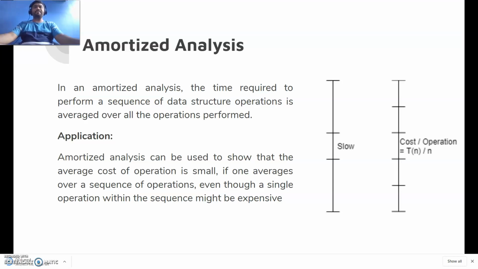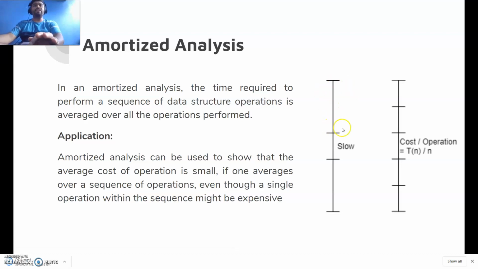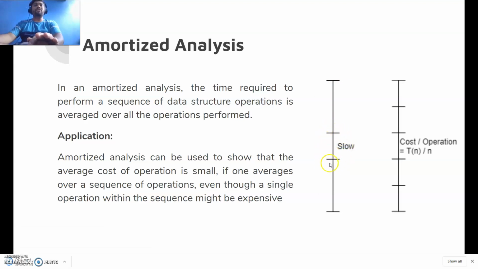So what does it mean? If you look at this particular diagram, suppose these are the operations in our algorithm. Now a particular part of that algorithm is slow because it is taking more computational time, or it is very intrinsic.